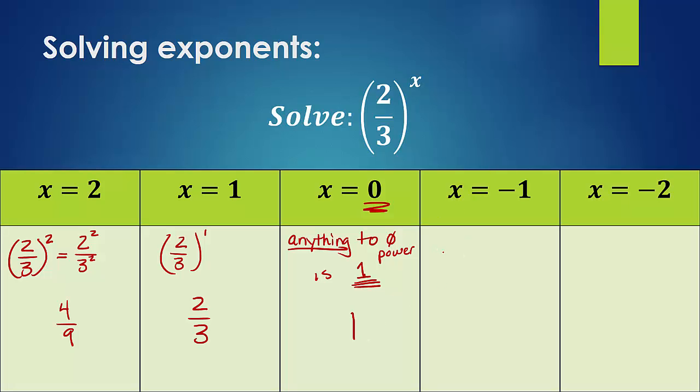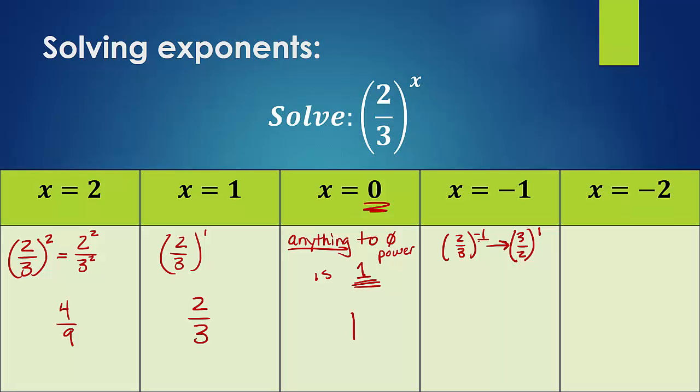Now, this is where it gets a little tricky. So we've got 2/3 to the negative 1 power. Some of you might be like, oh, that's easy, it's just going to be negative 2/3. No. What happens is we can't have a negative exponent. So to make it positive, we flip it. What was the denominator is now the numerator, and what's the numerator is now the denominator. In other words, let's use math terms: we have the reciprocal, and now we have it to a positive 1.